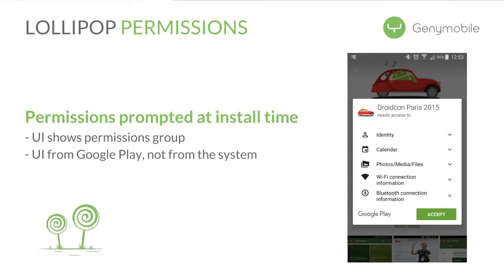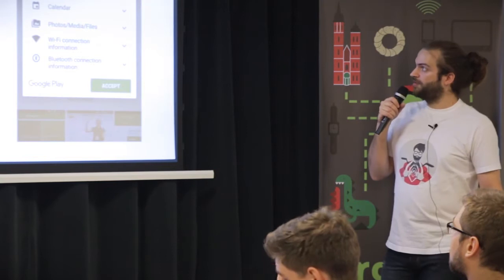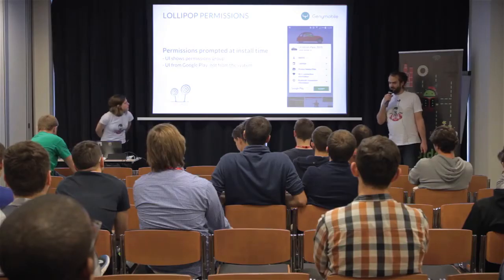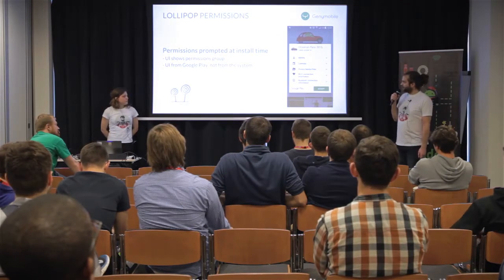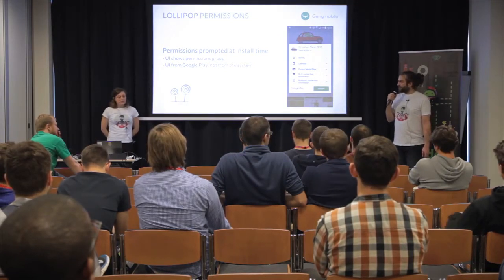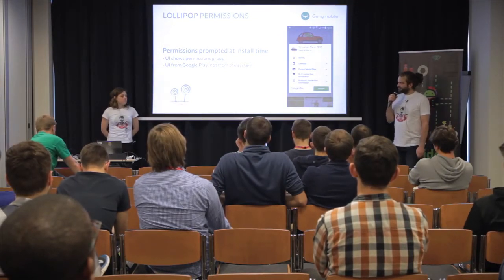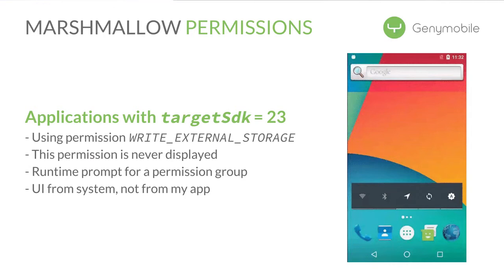Now, as a user, first on LOLLIPOP, the permissions present themselves in the UI through this kind of pop-up. You can clearly see this is a Google Play dialog box. The permissions are grouped, and this UI does not come from the system. On MARSHMALLOW, the behavior depends on the target SDK of the applications.